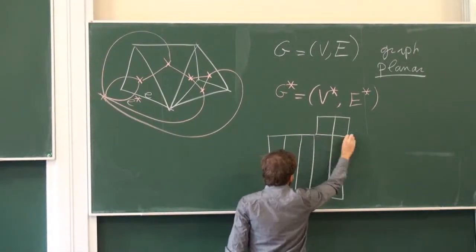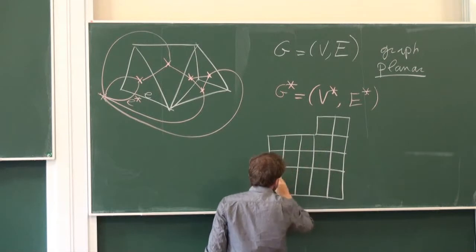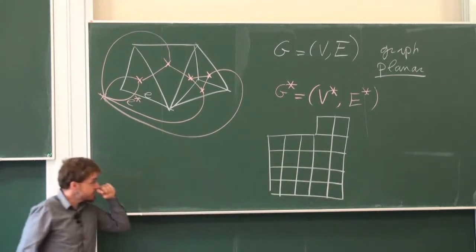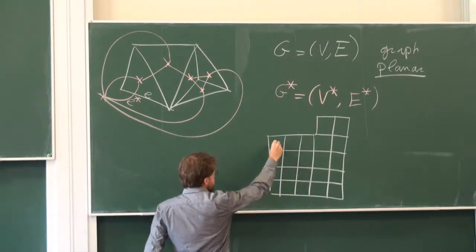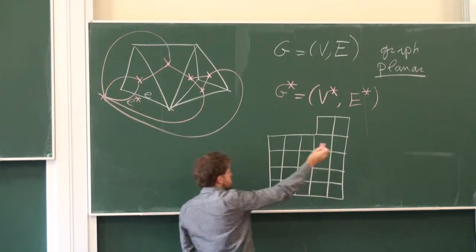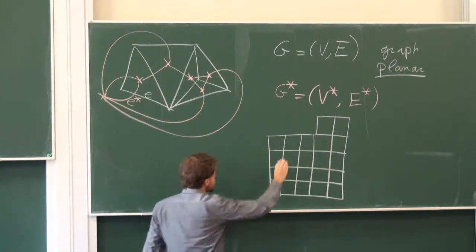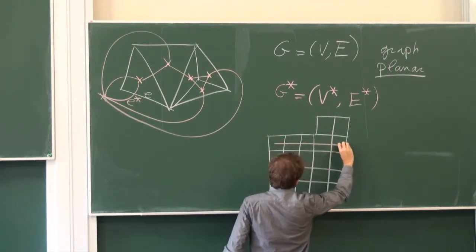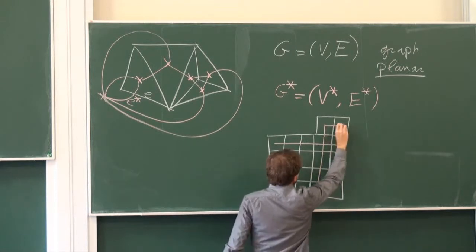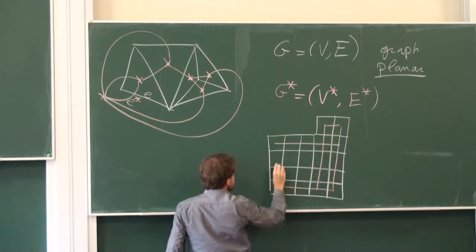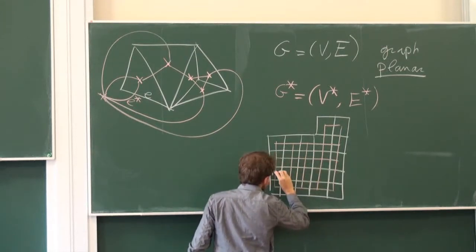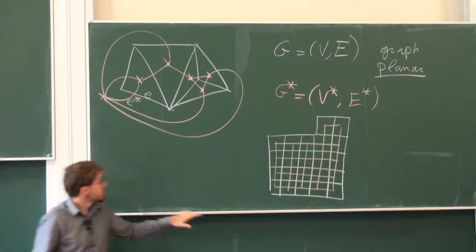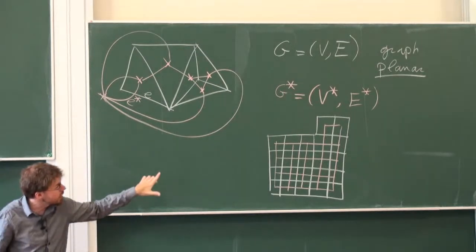If this is a graph in Z2, you can construct a dual graph, and it turns out that if you put one vertex for each face here, together with the dual bonds, what you get is a dual graph which looks like that. So the dual graph is also a piece of the square lattice, but somehow it's shifted by 1/2 in each direction.